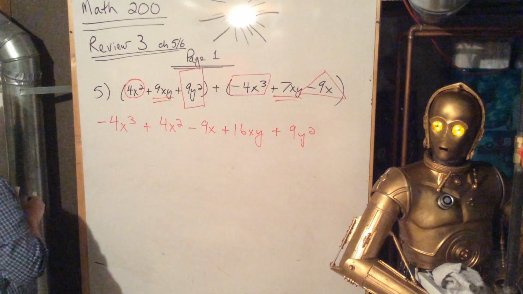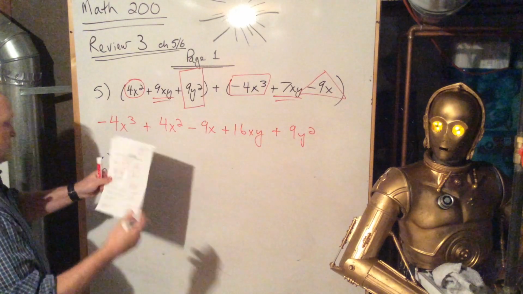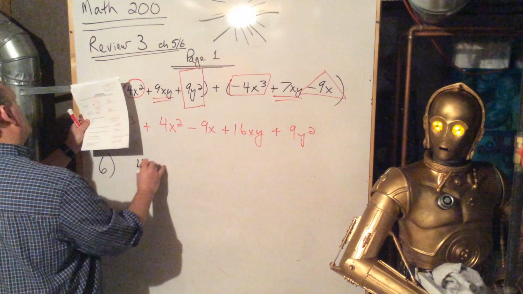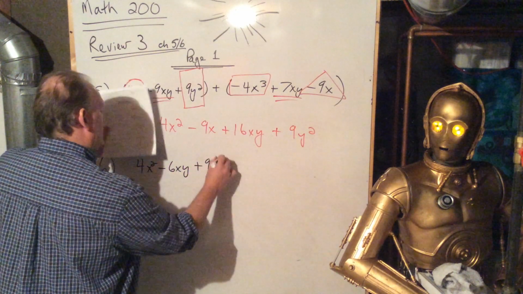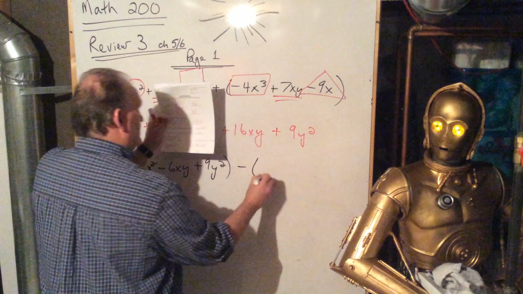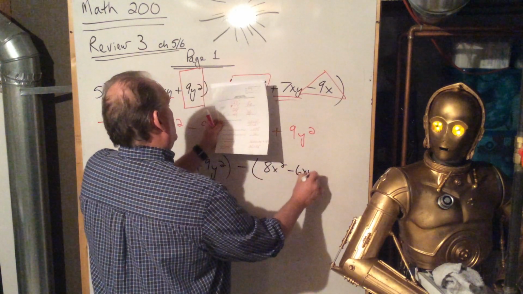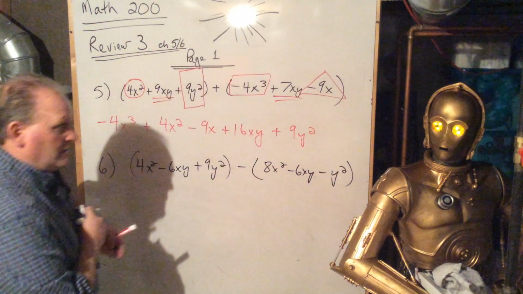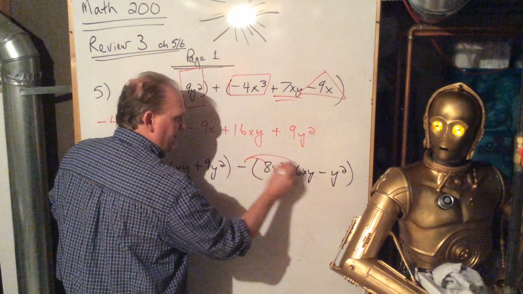All right. And the last one, number 6, is subtract. So actually, we get to do something with this. 4x squared minus 6xy plus 9y squared minus the quantity 8x squared minus 6xy minus y squared. Okay, so this is going to do something. We're going to take that negative and distribute it to every one of those terms.